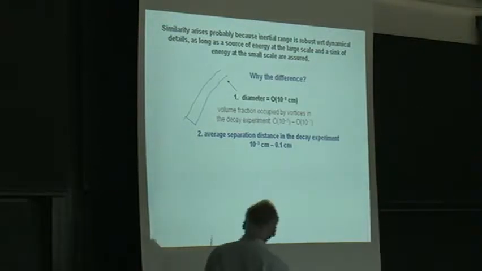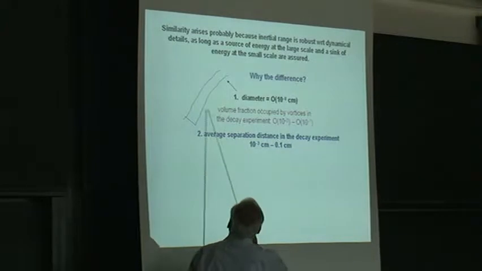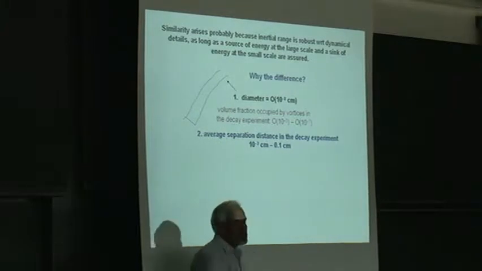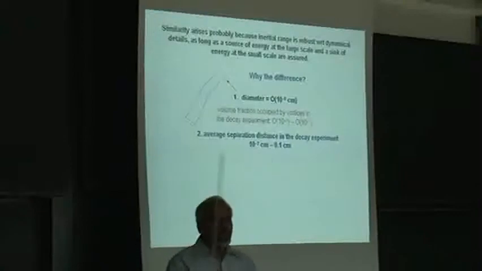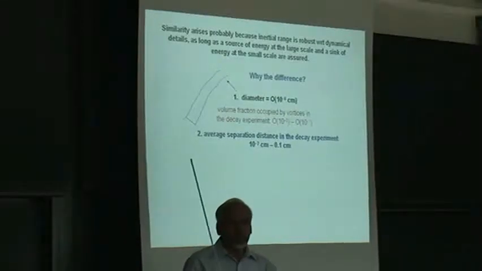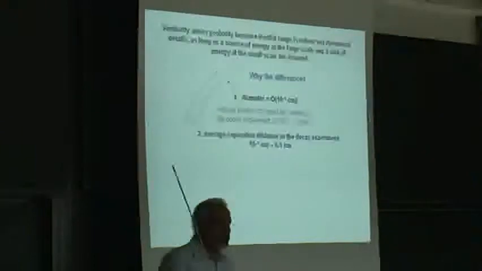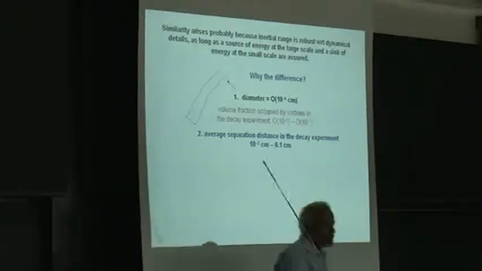This means that the volume fraction occupied by the vortices in these experiments is of the order of 10 to the power minus 3 and smaller. So even though they may look tangled everywhere, the vortices are so tiny in diameter that the volume they occupy is really very little. This is quite different from what we might see in classical turbulence.